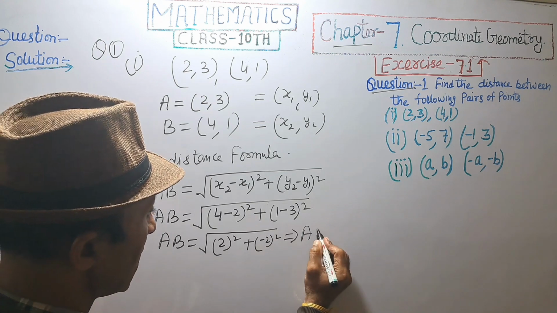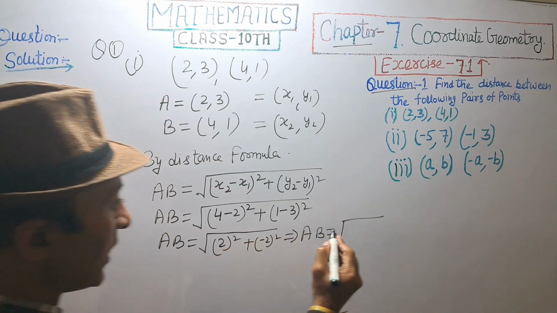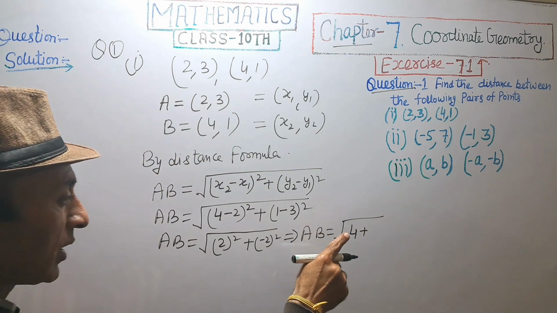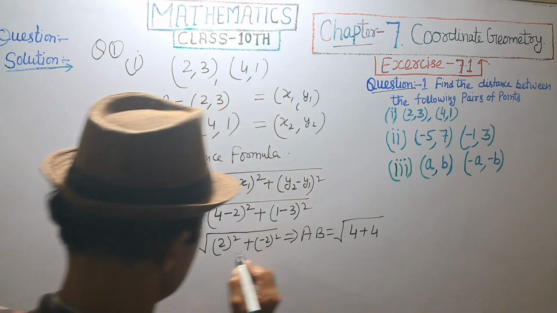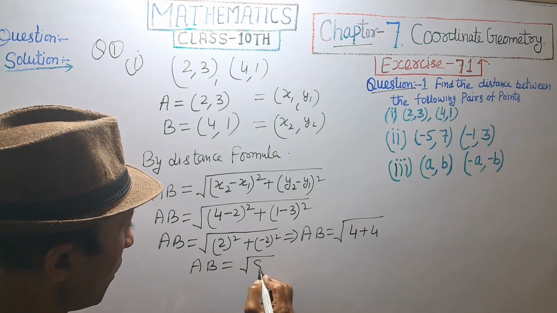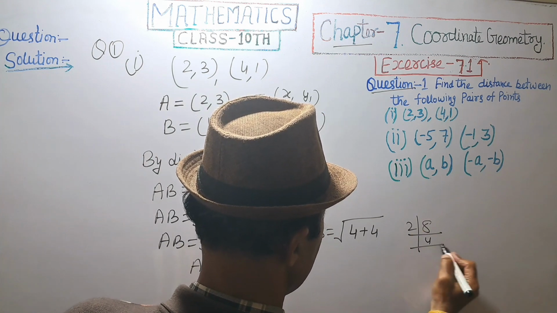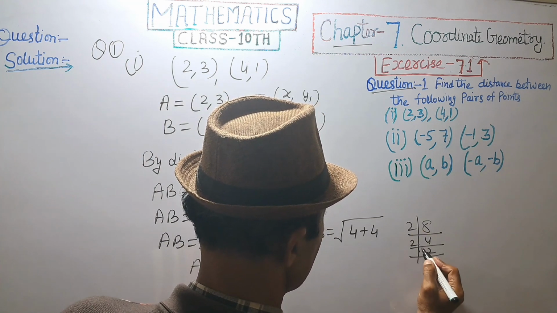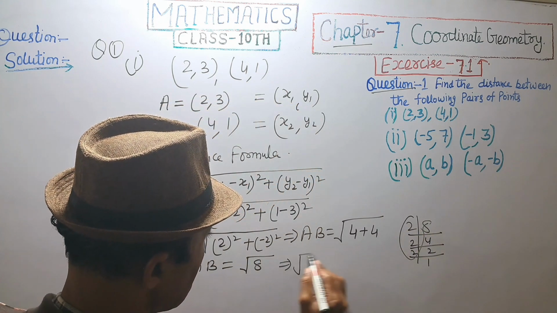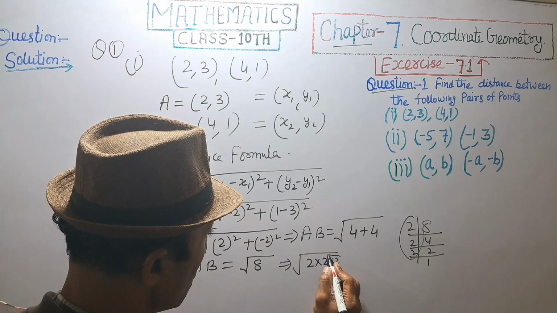This implies AB is equal to the square root of 2 square, that is 4, plus minus 2 square, that is 4. So AB is equal to the square root of 8, and 8 can be written as 2 into 2 into 2.